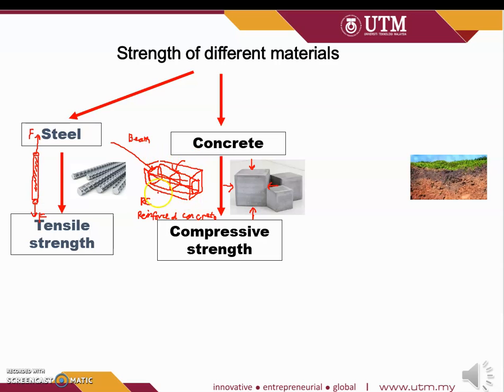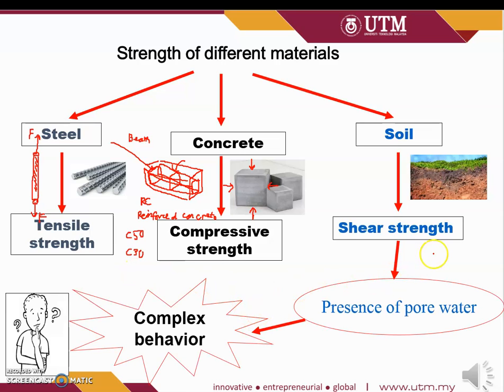We let the beam reach the desired strength that we want. We can have C50, usually used for tunnel lining, and usually for buildings we can have C30 and lesser. But compared to these two kinds of materials, for soil we define the strength in shear.